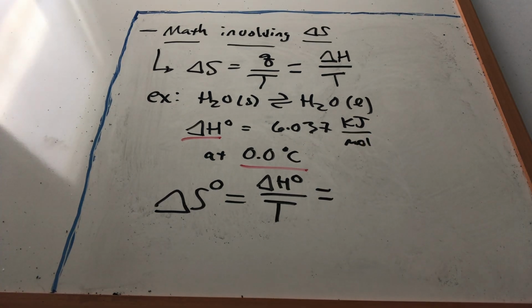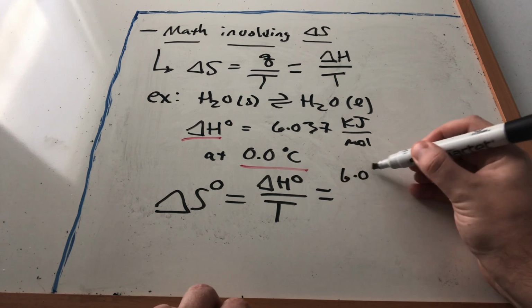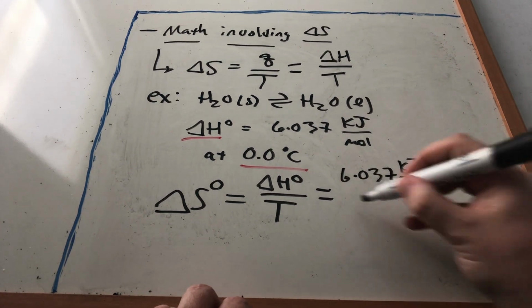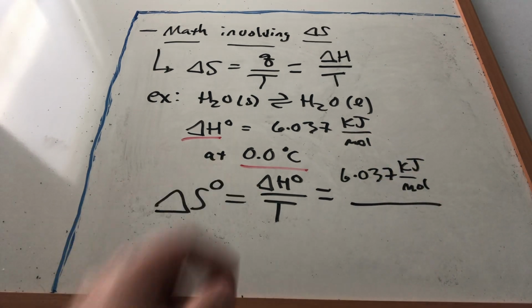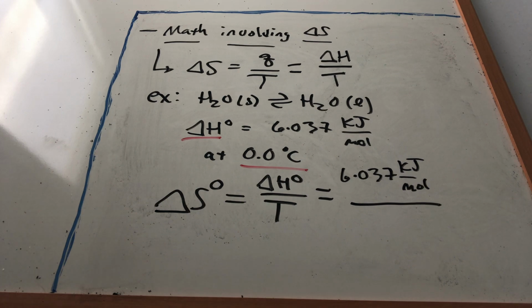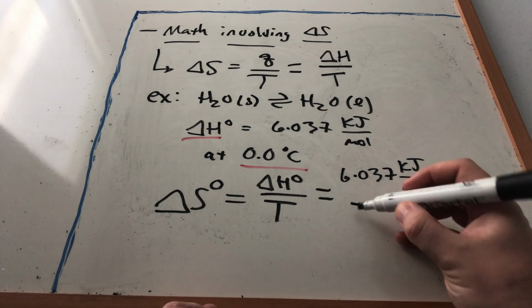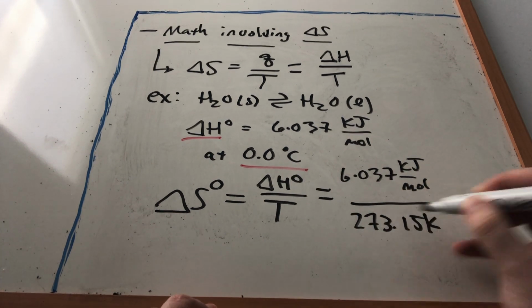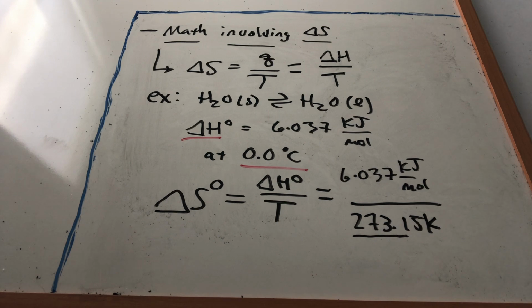So for this example, we're gonna write it as 6.037 kilojoules per mole over T. Now guess what we're gonna have to do with T? Our T's are always going to be in Kelvin, right? So at 0 degrees Celsius, that's 273.15 Kelvin, right?